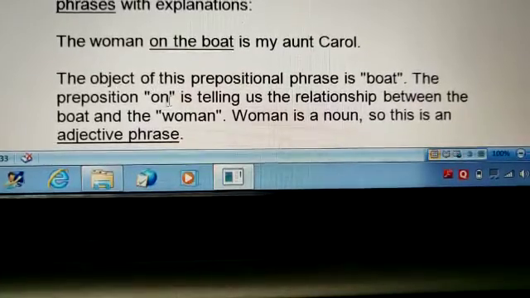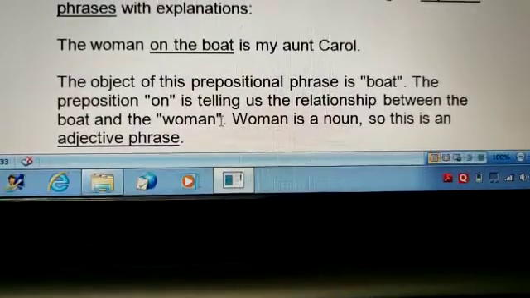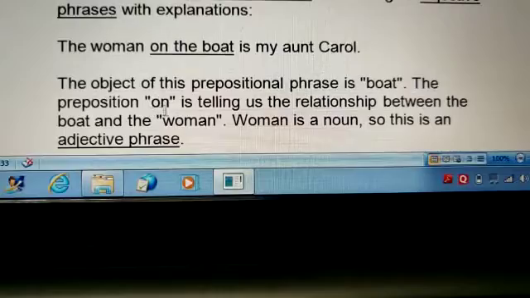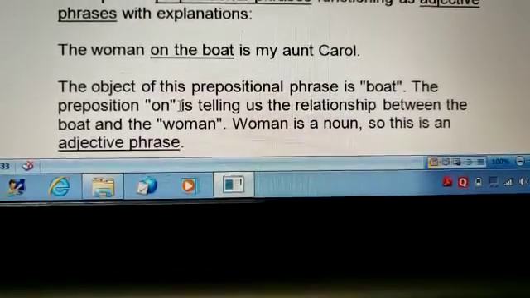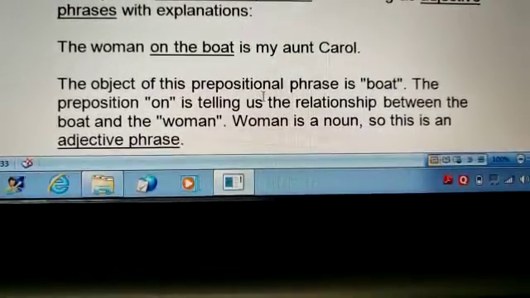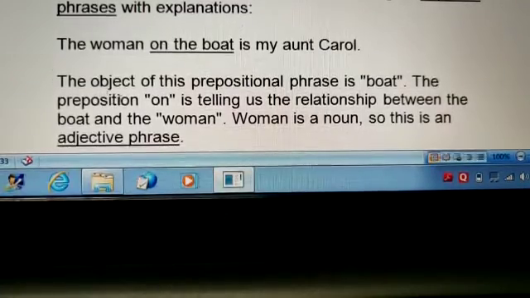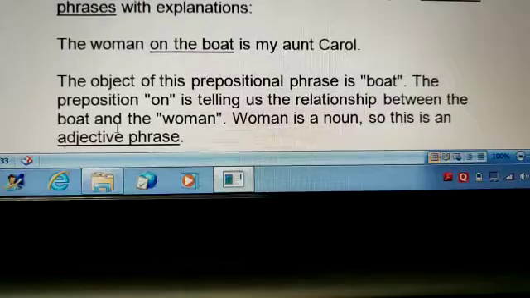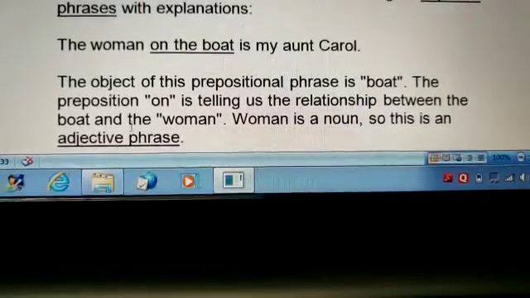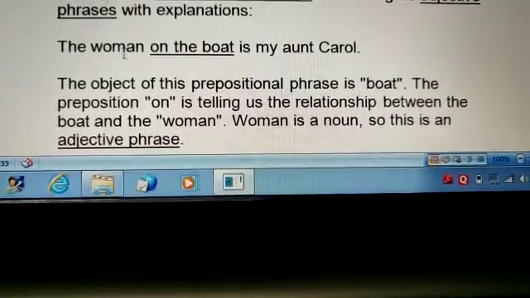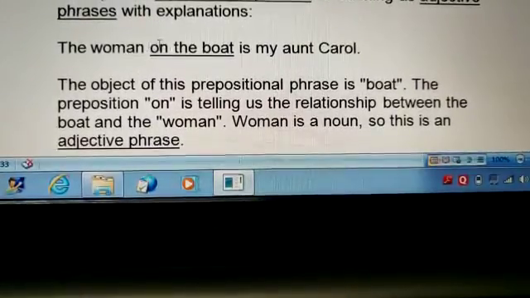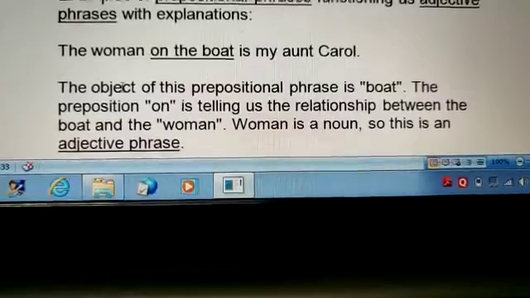The preposition on is telling us the relationship between the boat and the woman. So this particular word on, which is a preposition, what is it telling us? The relationship between the boat and the woman. So woman is a noun, so this is an adjective phrase. So when we are looking for an adjective phrase, in short, what do we have to look for? We have to look for a prepositional phrase, right?